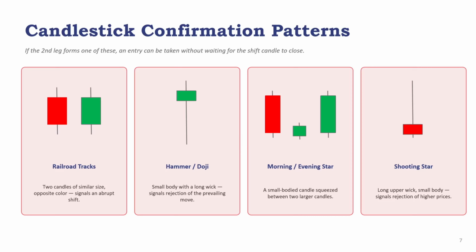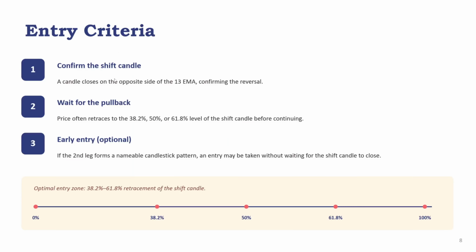Before you enter, we do have several entry strategies. After you have seen all that, you might wait for the shift candle that has to close below the 13 EMA. At this level, I want you to only trade the moment it closes below or above the 13 EMA on the second leg, but you have to see all the other things first.